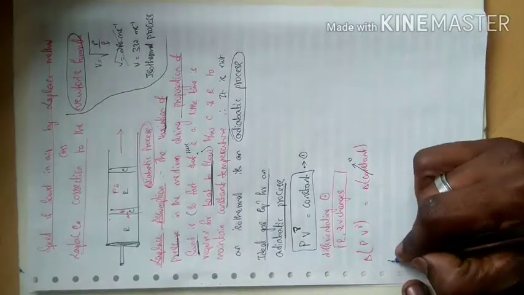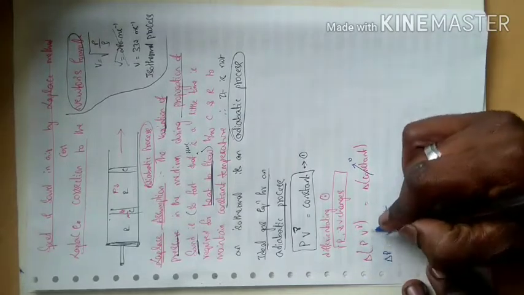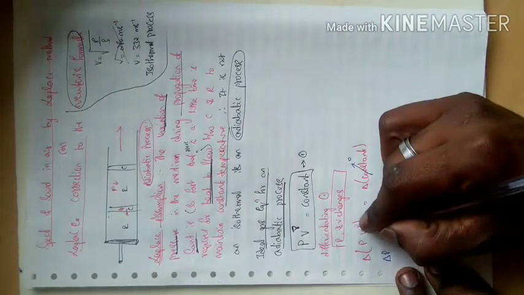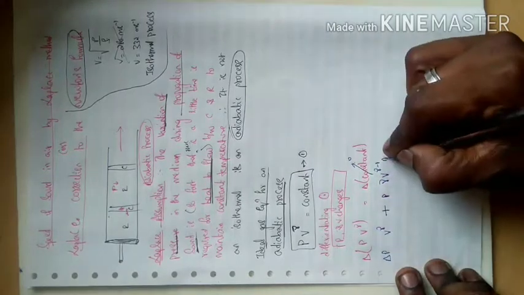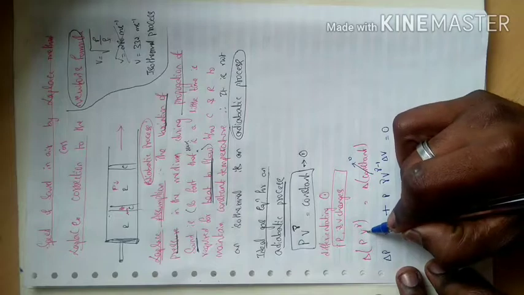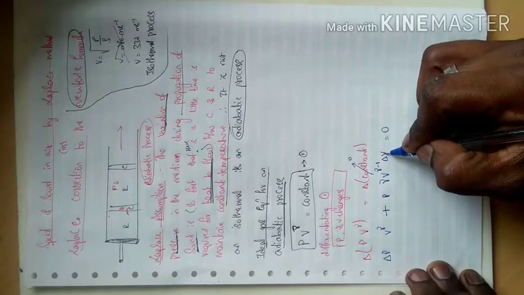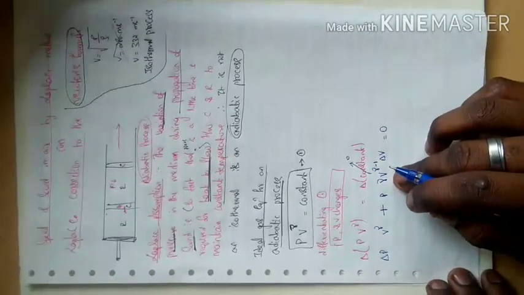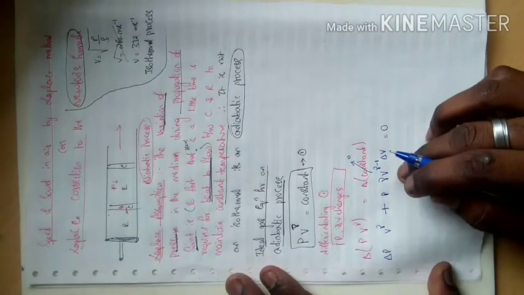First delta P into V to the power gamma, by the UV rule. Now I have to differentiate V, with P remaining constant. Differentiation of x to the power n is n into x to the power n minus 1 into delta x, which is equal to 0. This is the formula I have used. Go and refer to my previous class on motion in a straight line, where I would have done this.